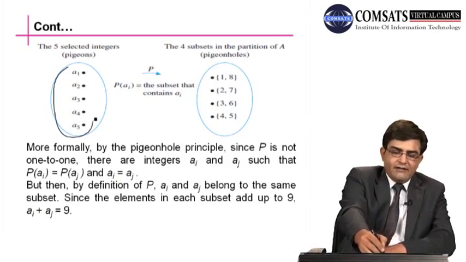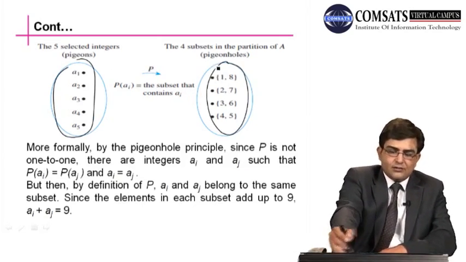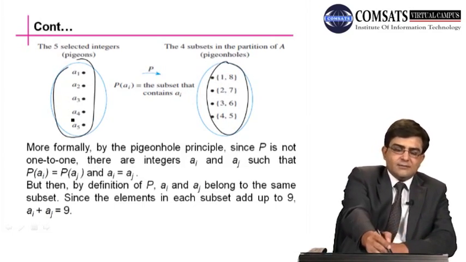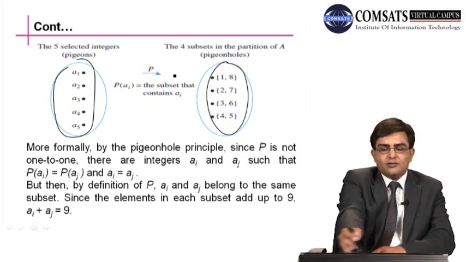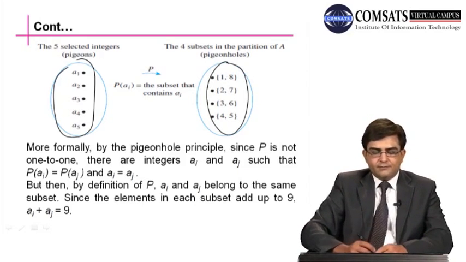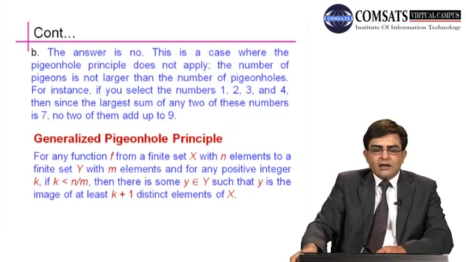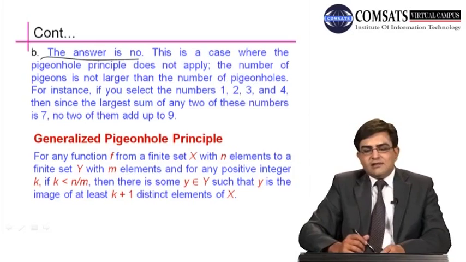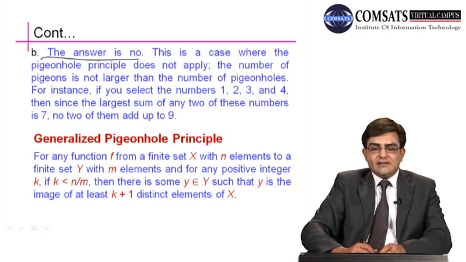In this we have 5 elements and 4 sets, so it is necessary that 2 of these 5 elements must belong to the same subset. In the B part, the answer is no. You can see this is the case where the pigeonhole principle doesn't apply.